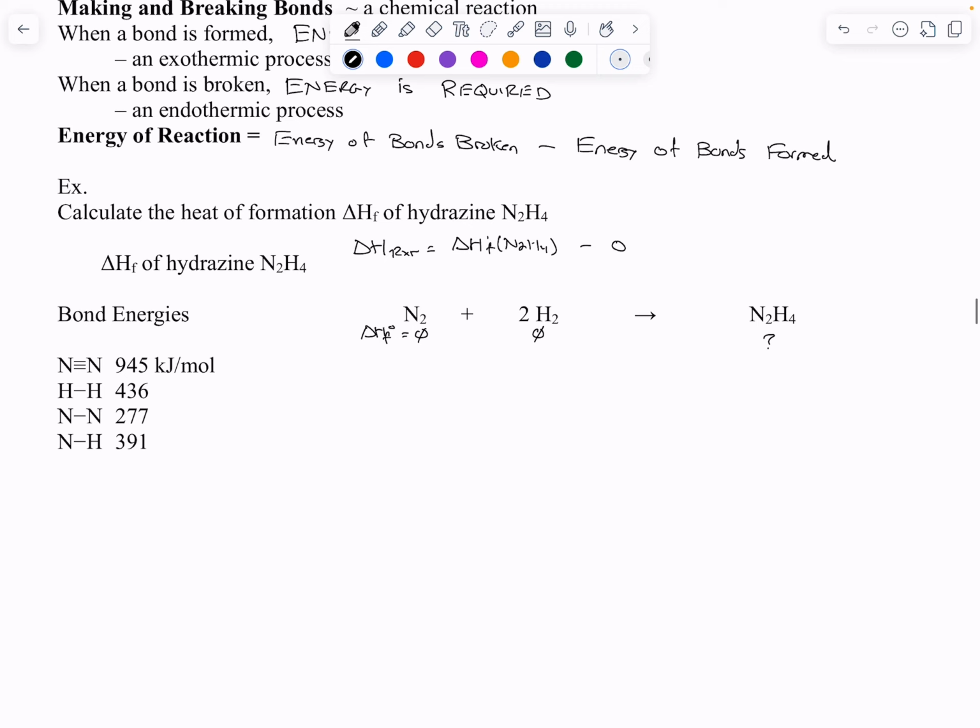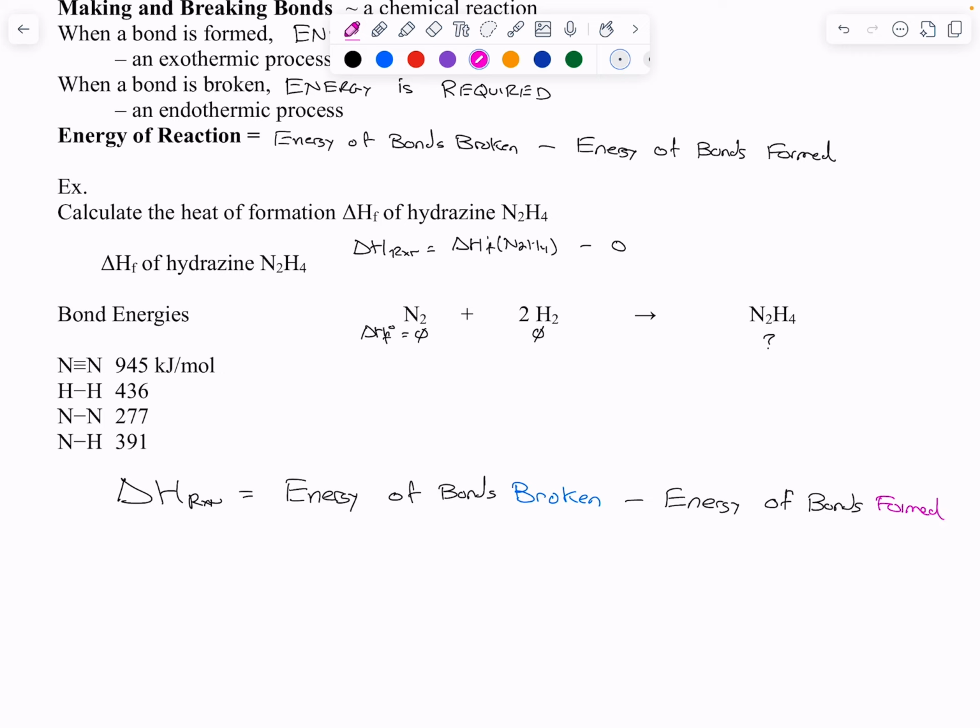So first of all, delta H of the reaction is equal to the energy of bonds broken minus the energy of bonds formed.